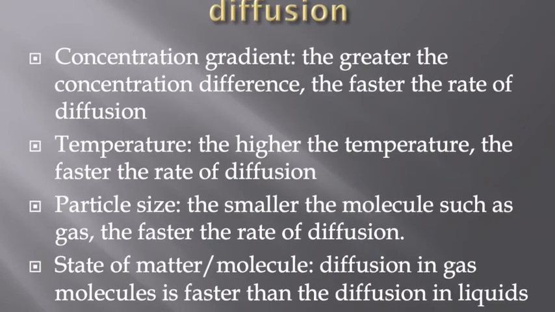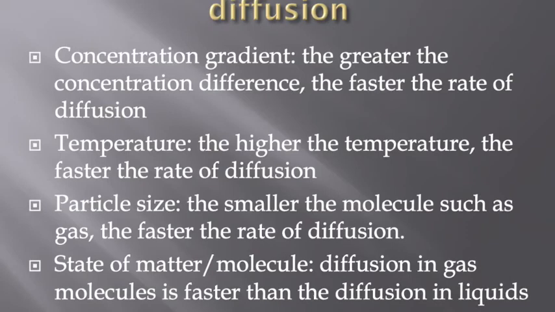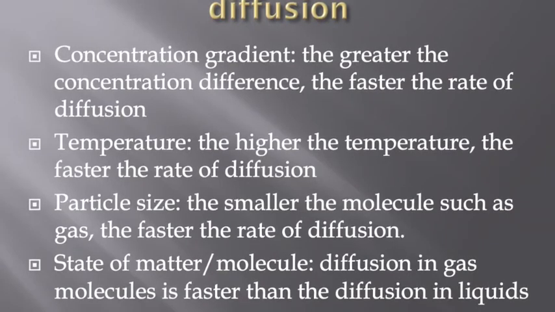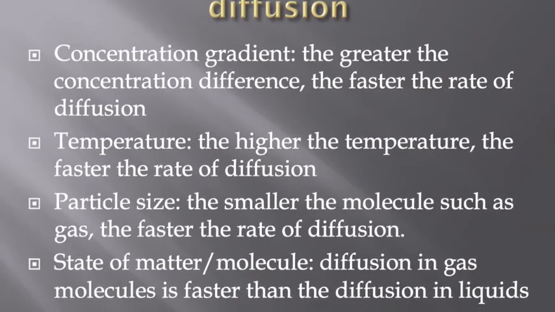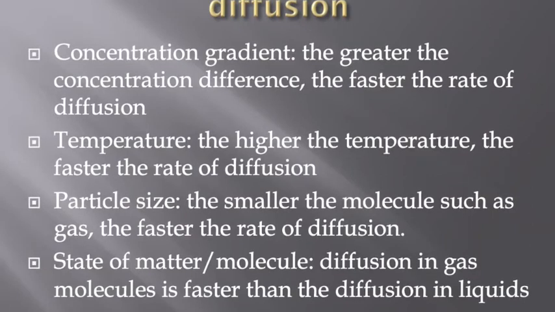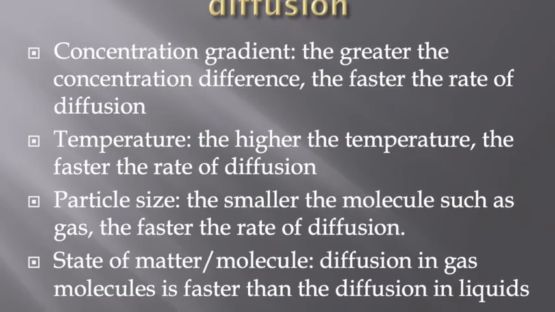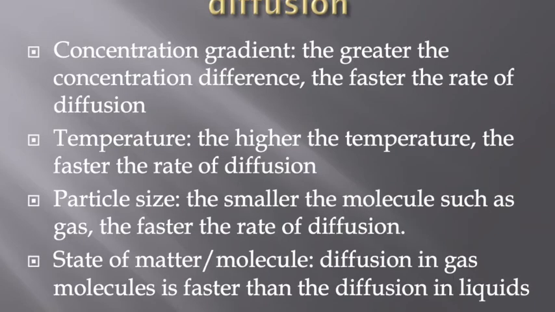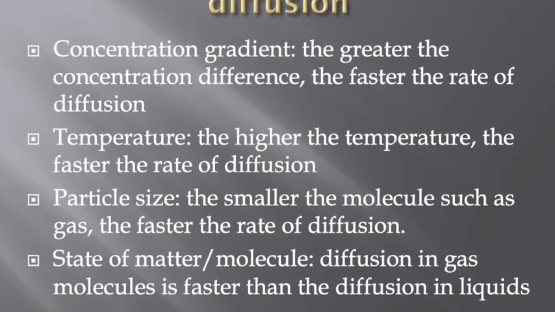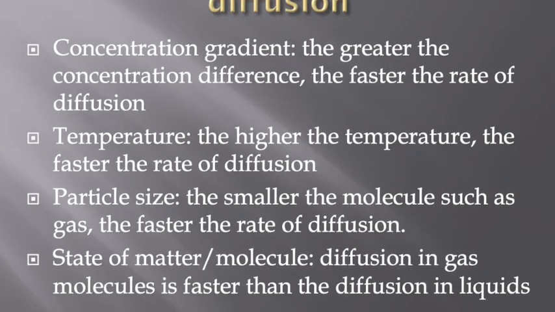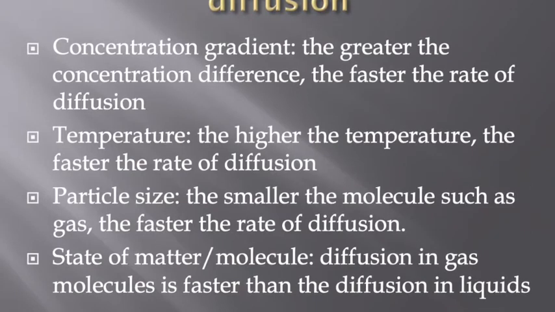So, when we have a particle size being small, it makes the process of diffusion fast. So we say the smaller the molecule, such as gas, the faster the rate of diffusion.